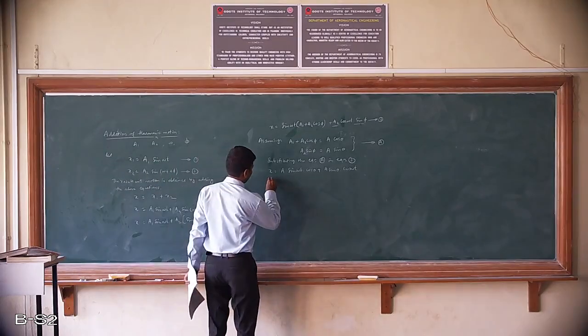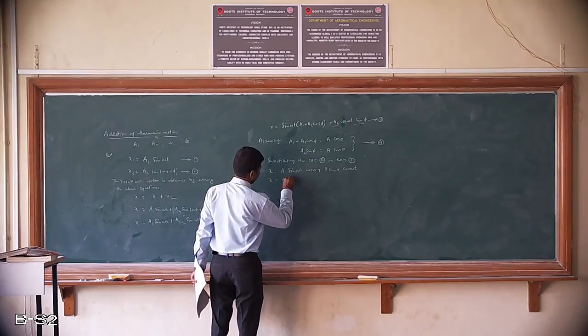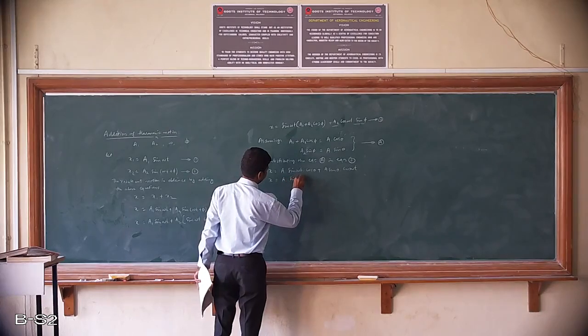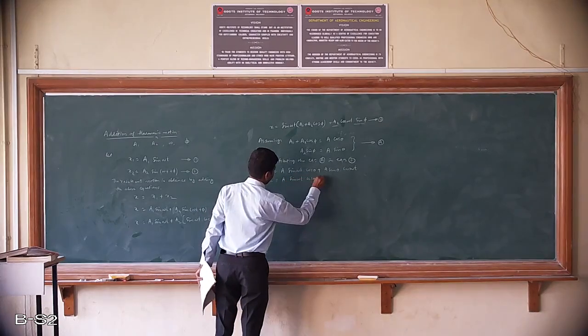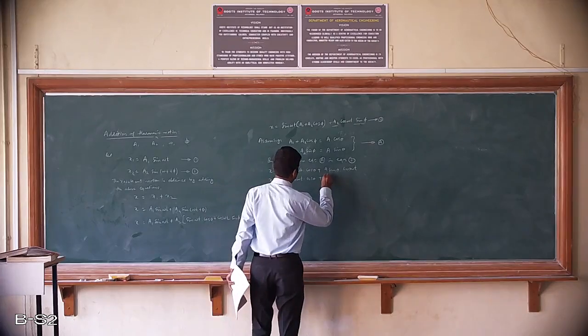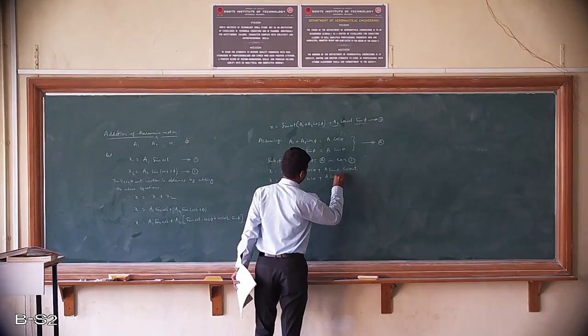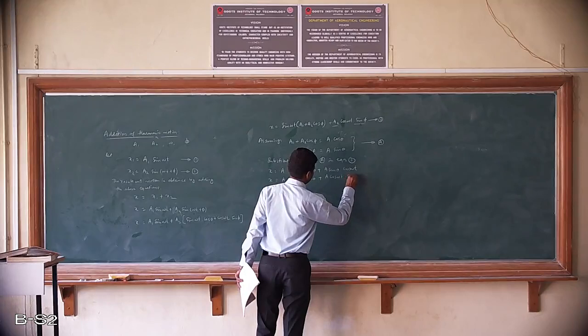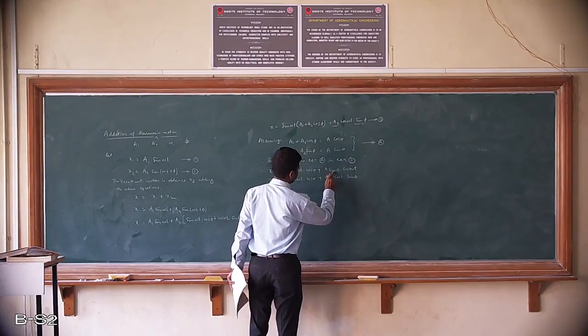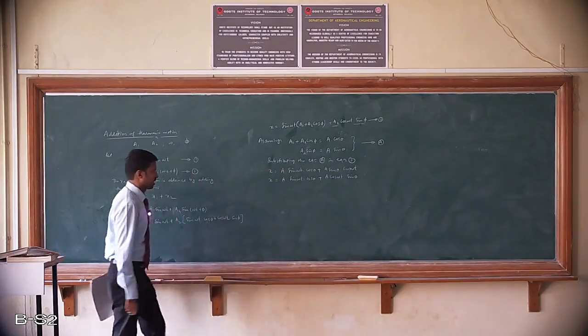How can I write this? I can write it as x = A sin ωt cos θ + A cos ωt sin θ. I have taken cos θ first and then written sin θ.